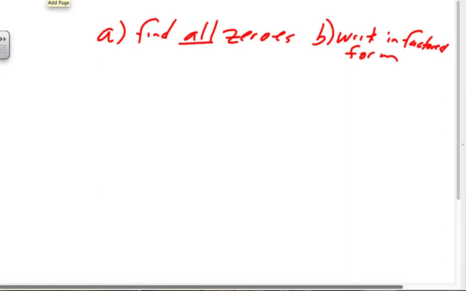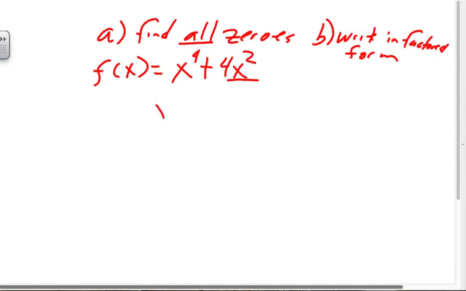So the polynomial we're going to be given is x to the 4th plus 4x squared. Okay, well, the first thing I would do is to factor this out, and I can pull an x squared out. It's going to be x squared times x squared plus 4.